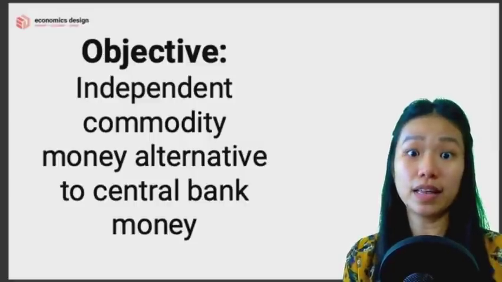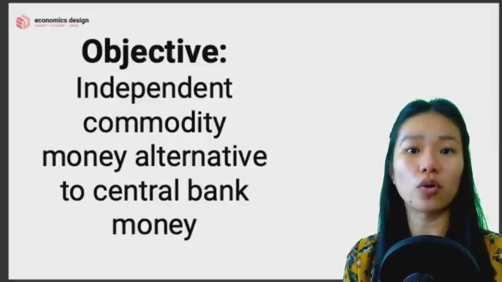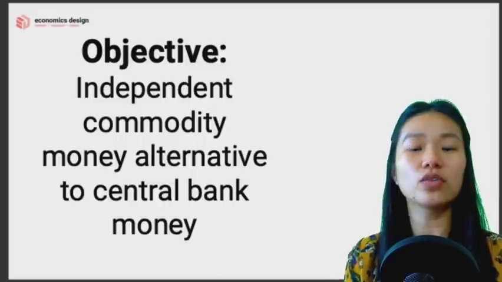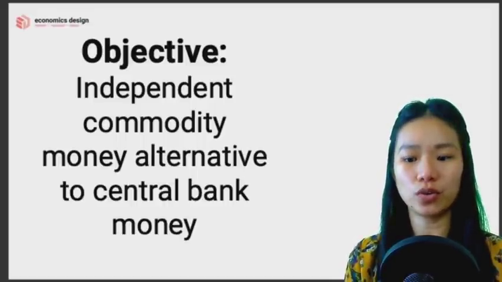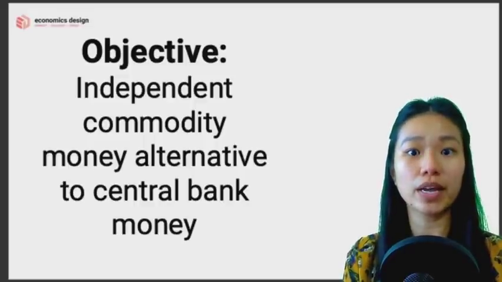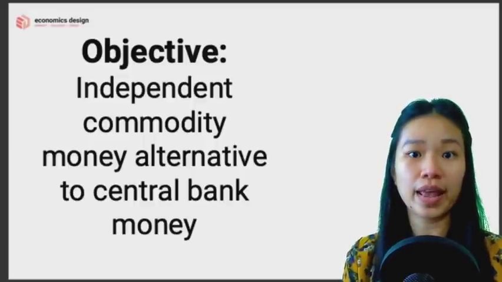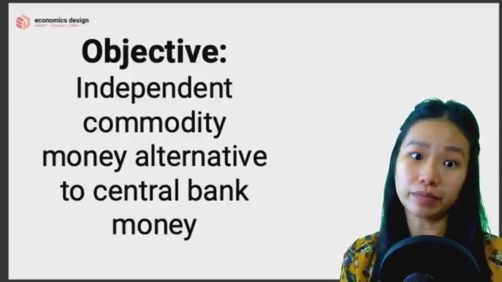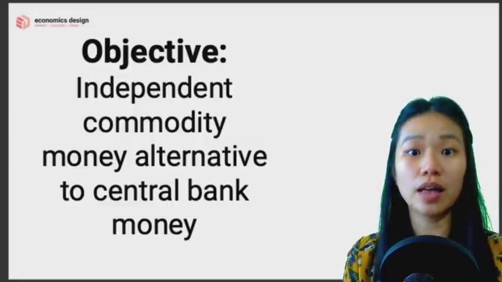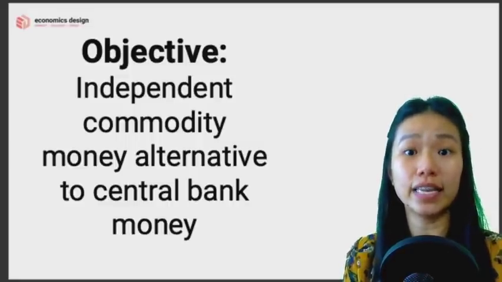And because these governors want to be re-elected, they have to ensure that your economic growth is positive, and you want to reduce any negative shocks in your economy. And you can do that via the money. That's why, long story short, central bank money is not exactly independent.